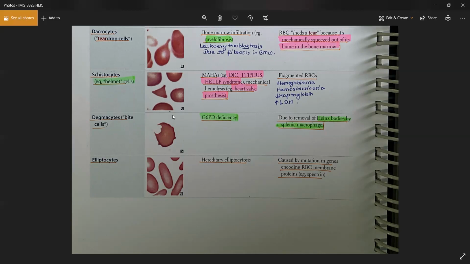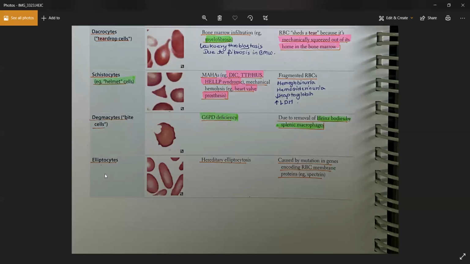Exactly, this is the oxidized hemoglobin, and now this oxidized hemoglobin or the Heinz bodies will be removed by the spleen or the liver. Which cells in the spleen and liver will remove these Heinz bodies? Macrophages. Exactly, it is a function of macrophages. So the macrophages in the spleen and in the liver will remove these Heinz bodies, and it will form the degmacytes and the bite cells. So it is seen in glucose-6-phosphate dehydrogenase deficiency.